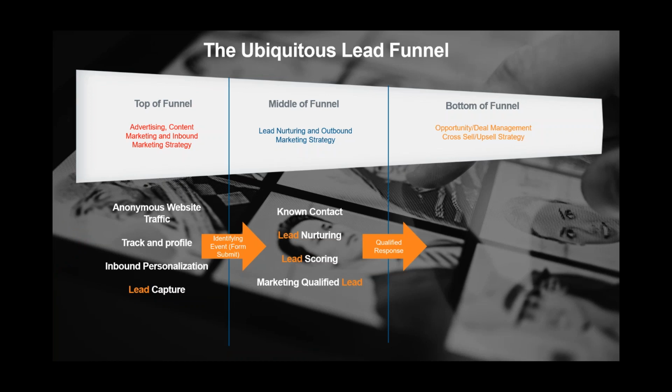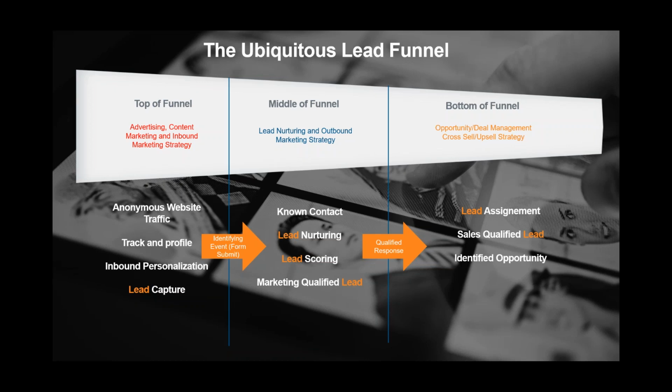You may or may not even be doing scoring. But in any case, we're looking for that qualified response, which is going to tell us that this person is ready to talk to our sales department and is probably going to end up becoming an SQL, or a sales qualified lead. So when we push this qualified response over to sales, it does get a lead assignment. And then the sales team follows it from there.